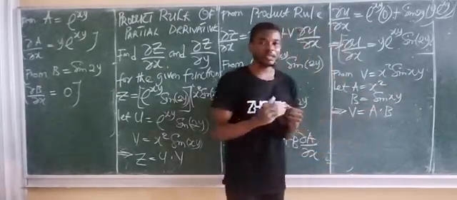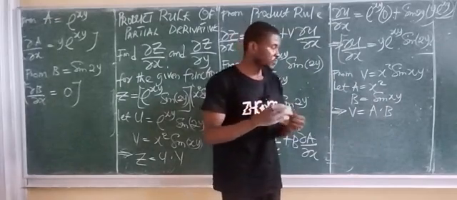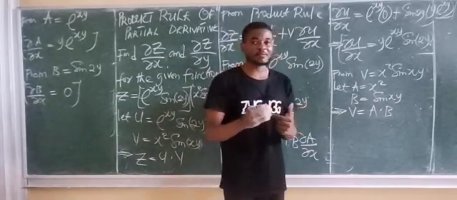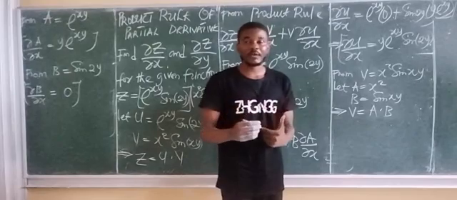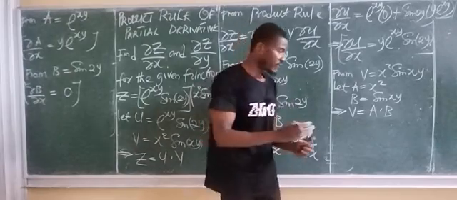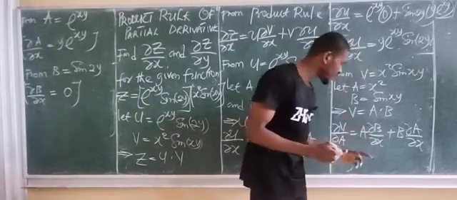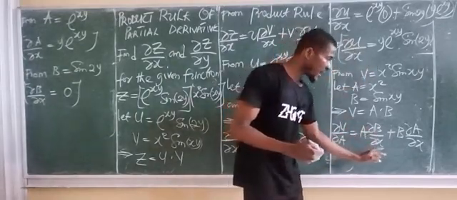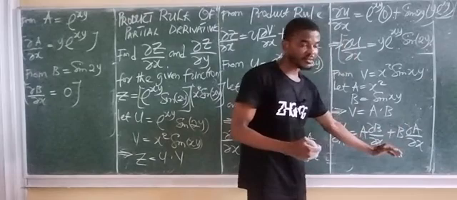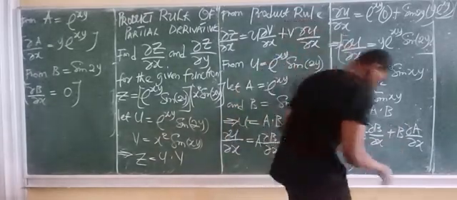So this is also what? A product of two functions, which means for me to differentiate v with respect to x, I have to apply what? The product rule. And from the product rule, we know all I need to do now is simply find the b, the x, and the a, the x. Okay, let's try it now and see.